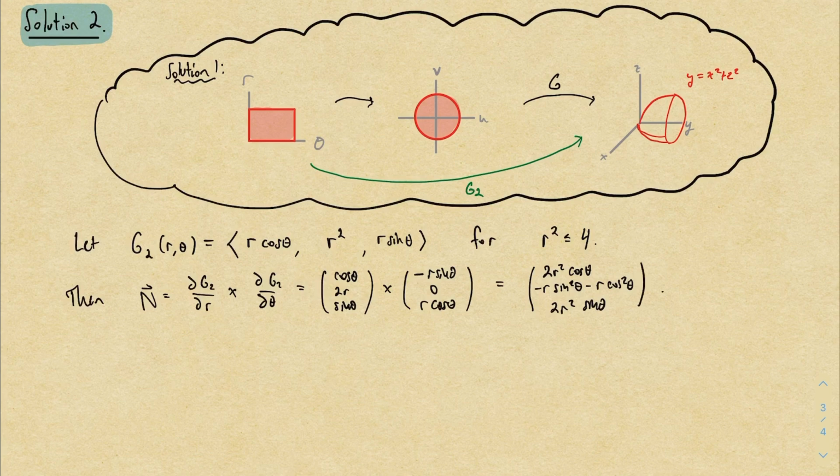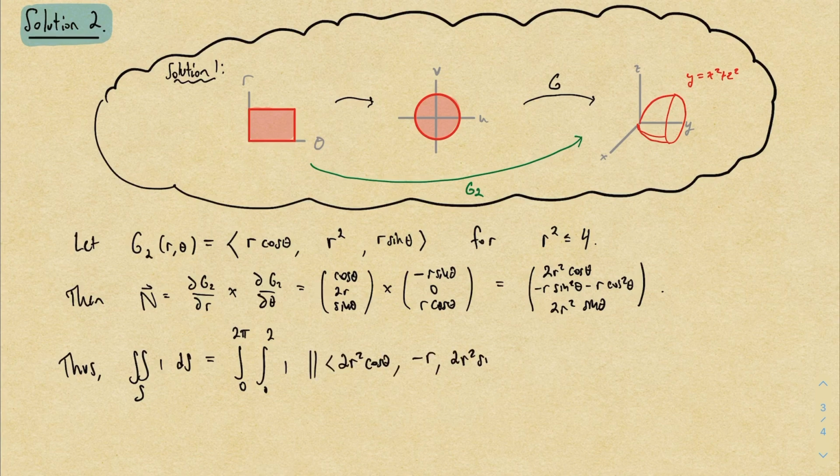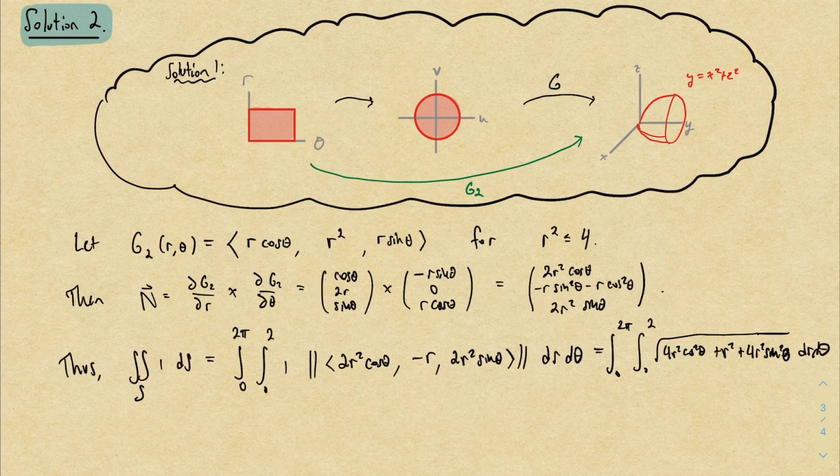Then, like before, we're ready to convert the integral into a double integral. The parameter domain was theta goes from 0 to 2 pi and r goes from 0 to 2. And then we have the norm of this new normal vector. So I'll multiply this expression out and we'll get 4r squared cosine squared plus r squared plus 4r squared sine squared.